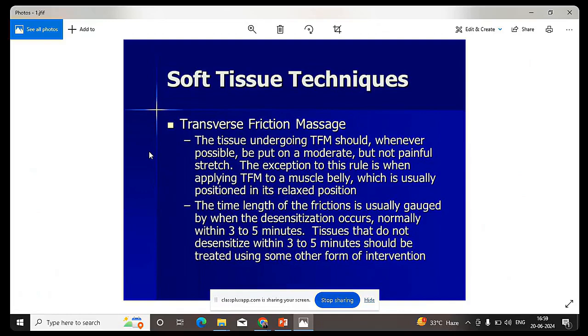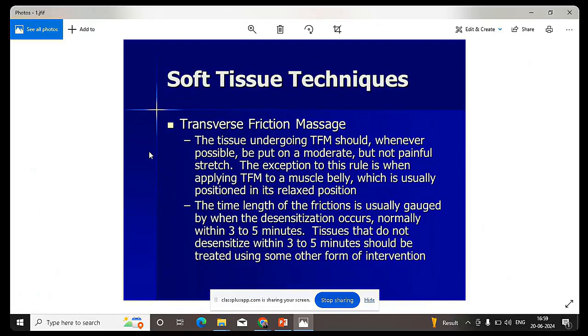more myofascial tightening, the more muscle mass is there, so it is usually positioned in the relaxed position. Because if you give more push, you will exert more pressure on that particular part, and it will be more harming. It may harm the muscle tissues, muscle fibers.